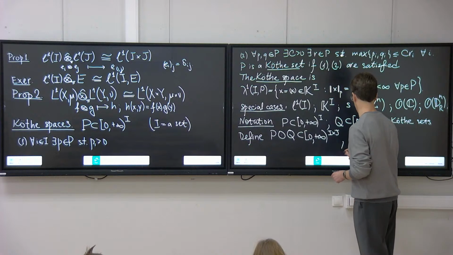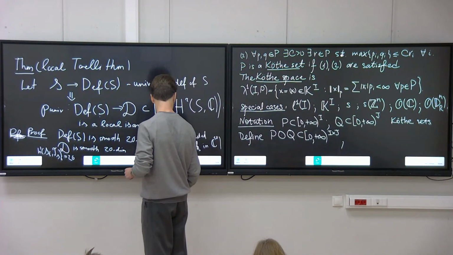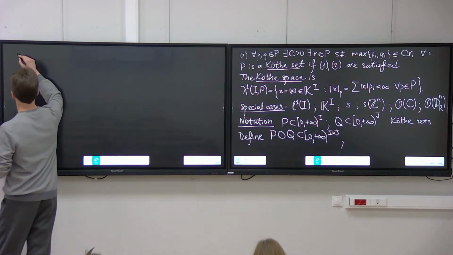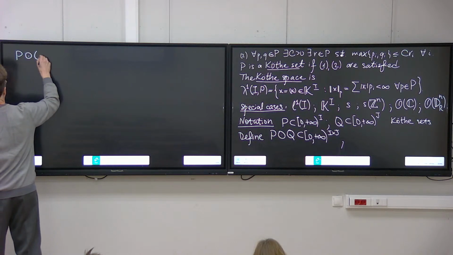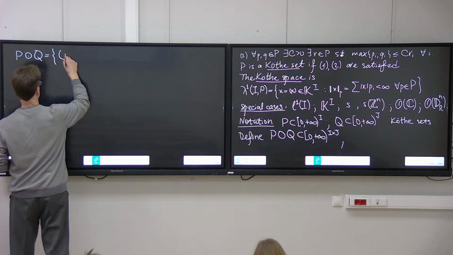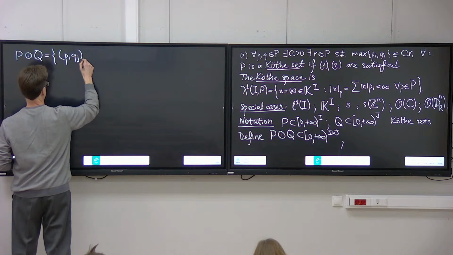And this set consists of all functions of the following form. We take all functions little p from P and little q from Q and form pointwise products of their entries, p_i and q_j.